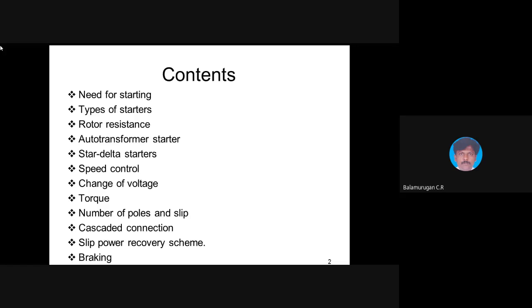Here we will also have overcurrent protection and single phasing protection. These are some of the arrangements made on the three-phase system.